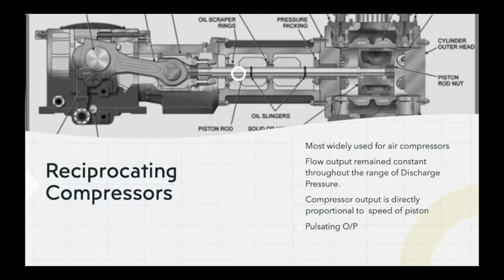in which we get high pressure but the flow rate is less, and at the same time the output is pulsating in nature. There are different types of reciprocating compressors which have been developed to reduce this pulsation: single acting, dual acting, triple acting, and multiple acting reciprocating compressors.